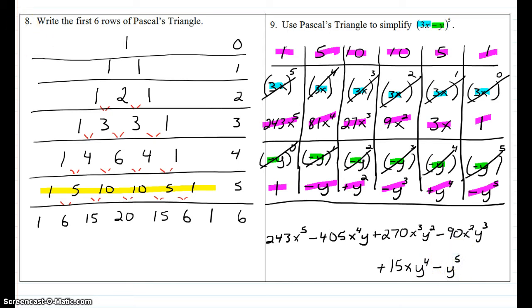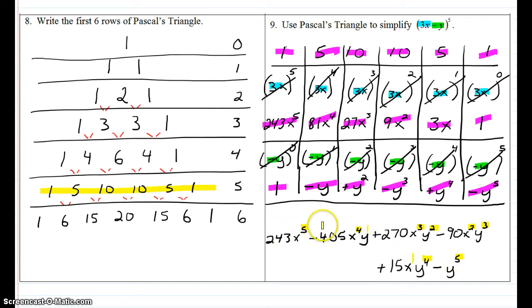So a couple things to look for when you do this using Pascal's triangle: notice we have 5, and then 4 and 1 make 5, 3 and 2 make 5, 2 and 3 make 5, 1 and 4 make 5, and 5.